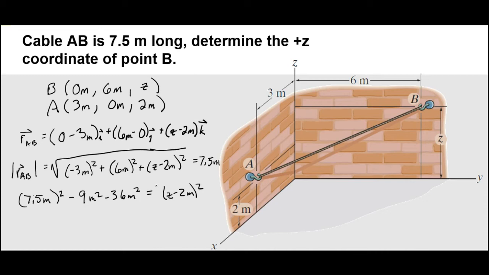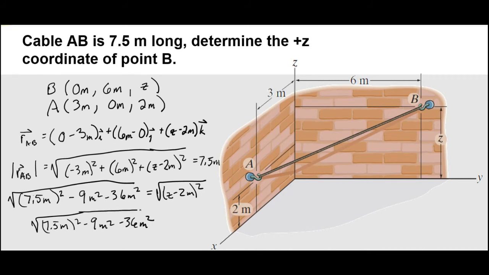Now we can take the square root of both sides, and then we have the square root of (7.5 meters squared minus 9 meters squared minus 36 meters squared), and then we're going to have to add 2, and this is equal to z. I'll let you solve for the z.